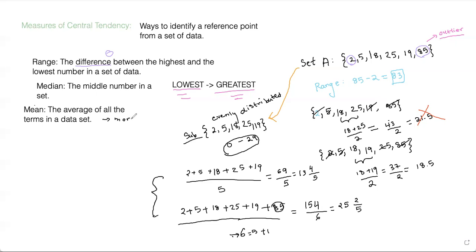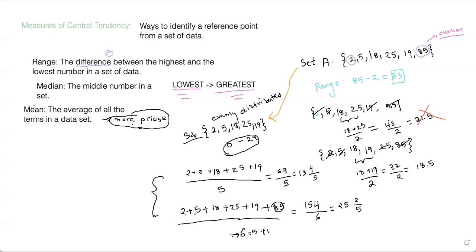You're adding up all the terms and dividing by the number of terms. It seems like a very precise way of calculation. But the problem with mean is that it gets influenced by outliers, right?